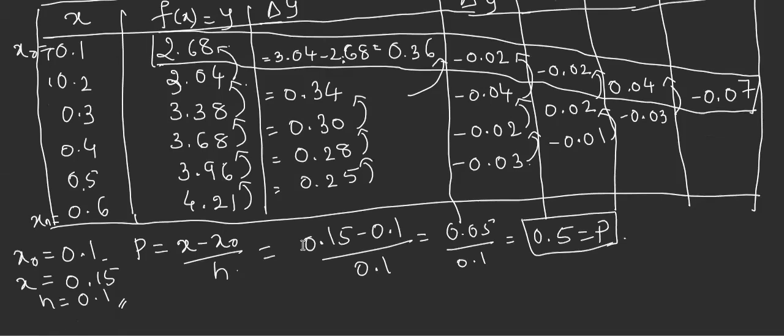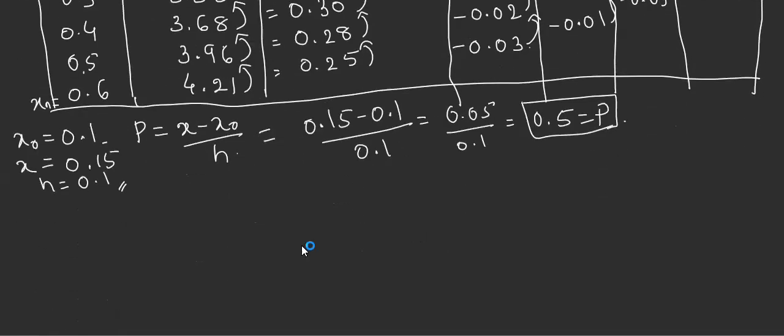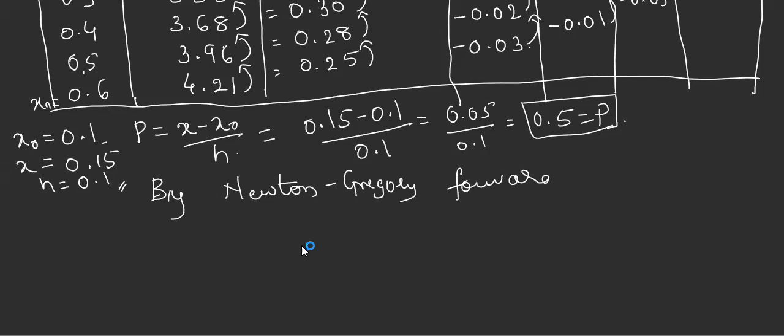Let us write the formula. If anybody remembers, just tell me. We should write the long form: Newton-Gregory forward interpolation formula. By this formula, what do we have?